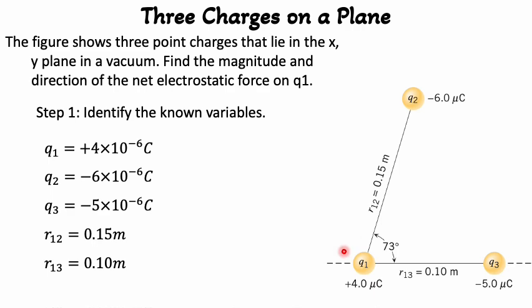The distance between Q1 and Q3 is 0.10 meters. And we have this angle formed because of the presence of Q2 and Q3. The angle is 73 degrees. So we will be needing all of these variables to solve for the net electrostatic force on Q1.